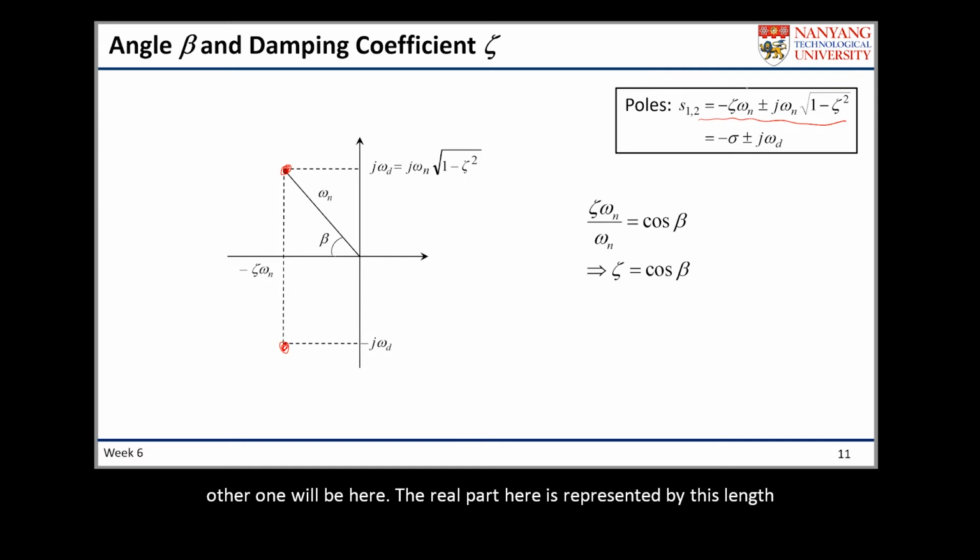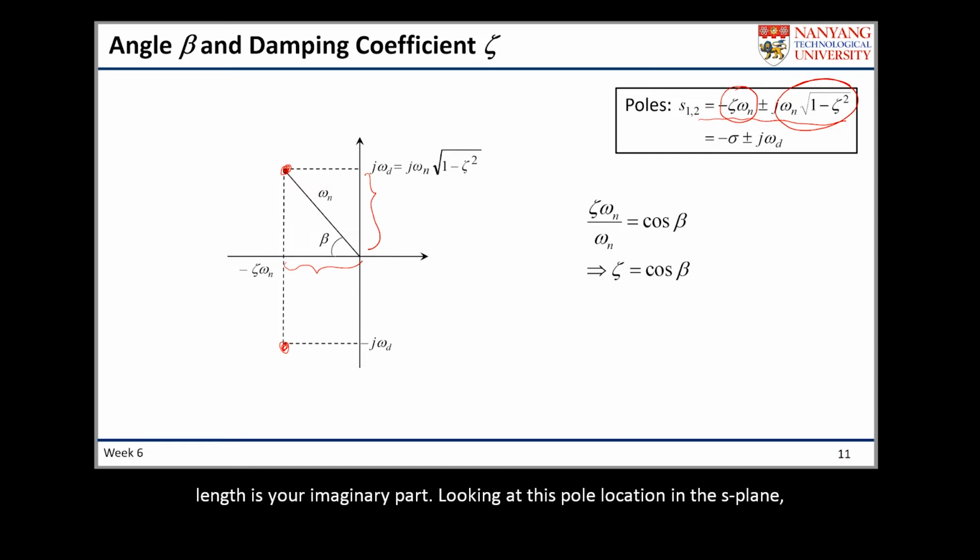The real part here is represented by this length in the S-plane, right? Because the horizontal axis represents the real part of your poles, and the vertical axis is the imaginary part. So basically then this length is your imaginary part, right?